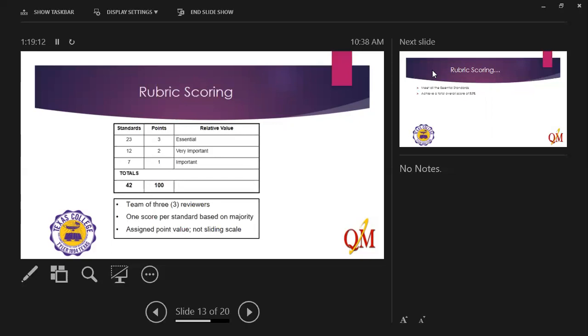So when the 3 reviewers meet, they all take a look at each of the specific review standards. And the way they go about determining if your course or a unit or chapter meets the standards or not is based on majority.